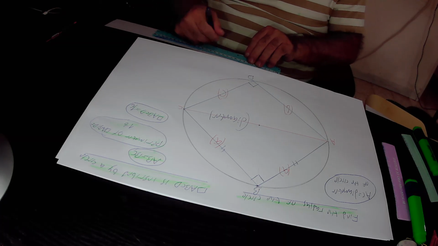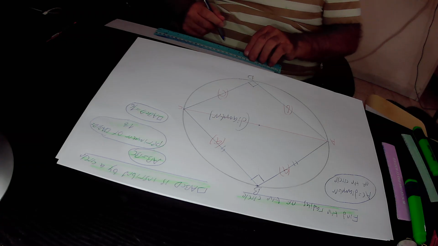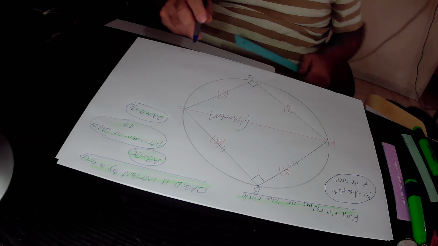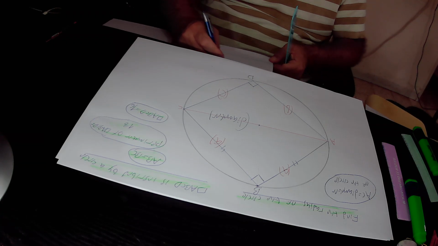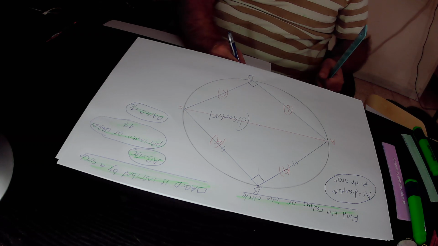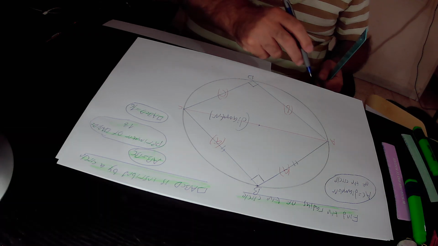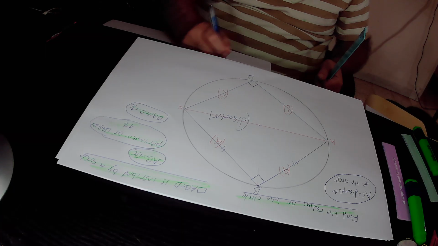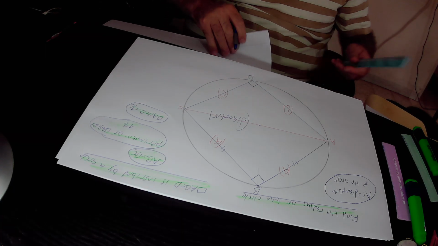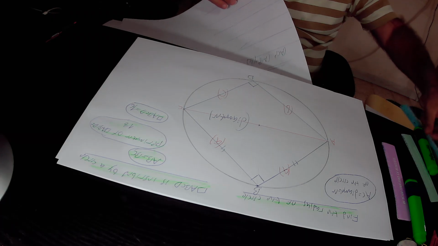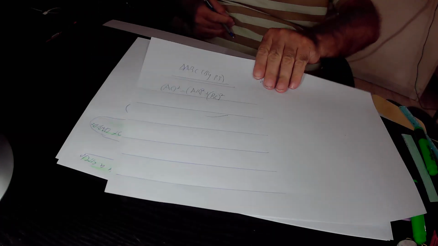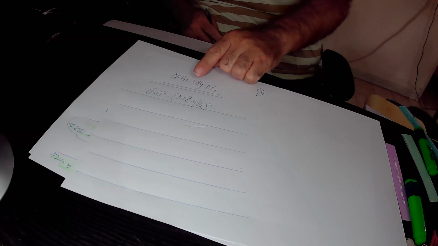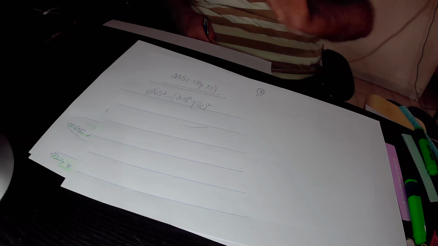So in the right triangle ABC, AC squared, that is the square of the hypotenuse, must be equal to AB squared plus BC squared.